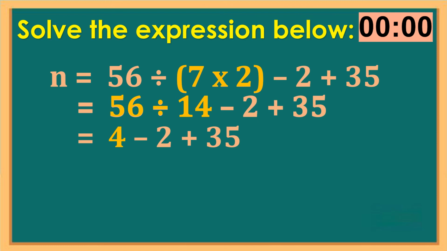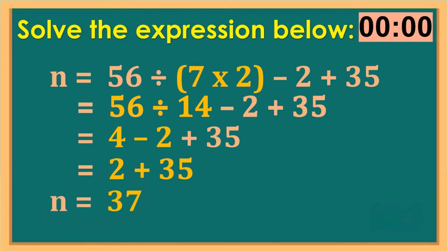Then subtraction and addition from left to right. 4 minus 2 is 2, plus 35. Okay, so 2 plus 35 equals 37. So n equals 37.